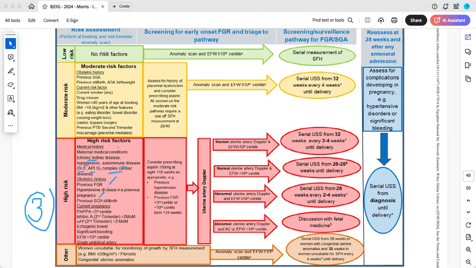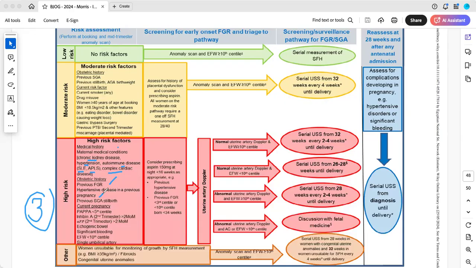Is hypertensive disease in a previous pregnancy considered a high risk factor? Yes. Why? I'll tell you. That's because if the woman had previous preeclampsia, for example, that means she had a risk factor for abnormal placenta, right? She had placental problems. Placental problems are also associated with small for gestational age.